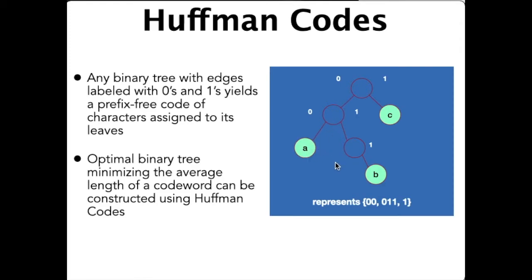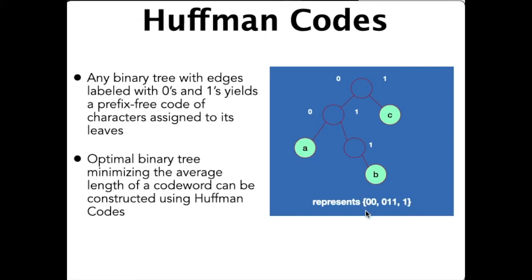So for example, we can say that the representation of A here is 00, the representation of B is 011, and the representation of C is 1. If we use this type of representation, the code word for each symbol is not always fixed length. And also, we can guarantee that there is no common prefix, that is, our set of code words is prefix-free.